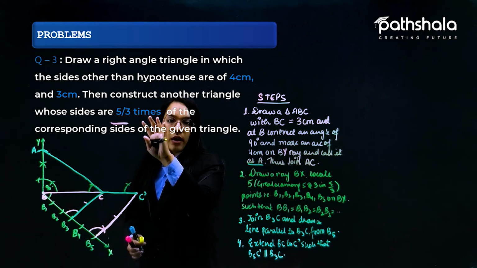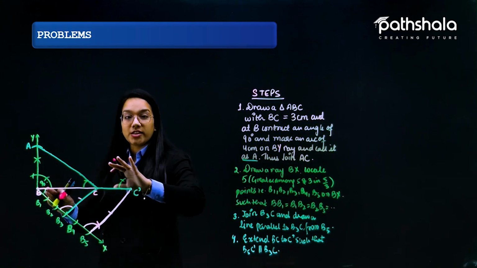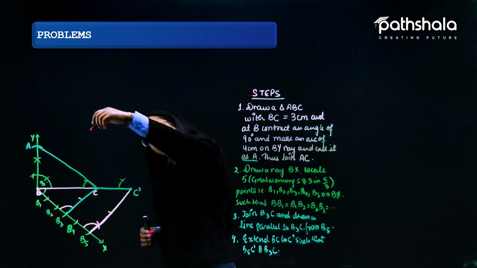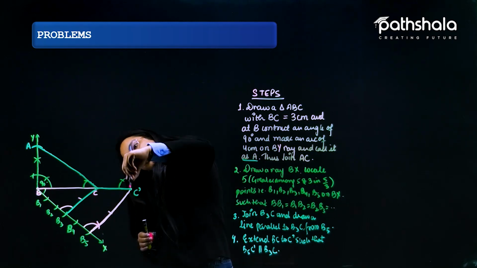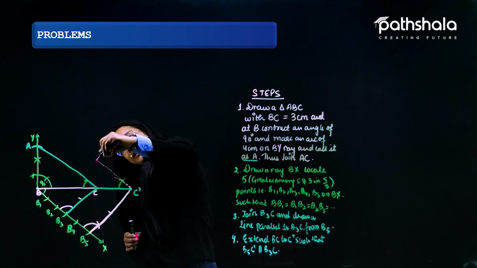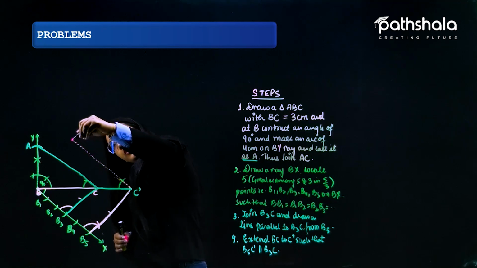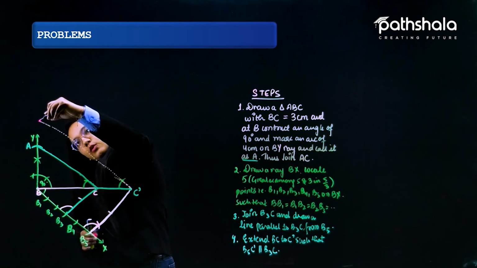So this is how our construction looks. Let's make a line which is parallel to this one, such that their angles are also equal.